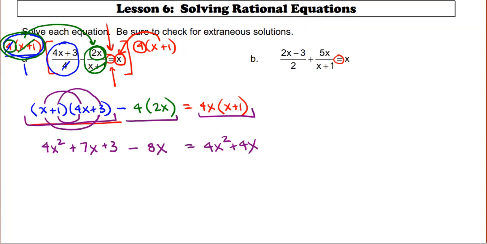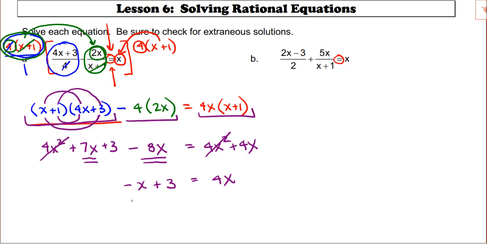Okay, here we go. We're going to subtract 4x squared from both sides. Okay? And then, what's 7x minus 8x? Negative x plus 3 equals 4x. How did I get the x's to the right?